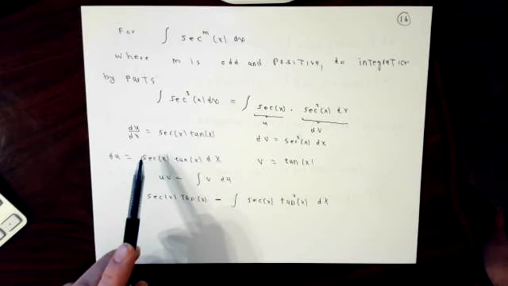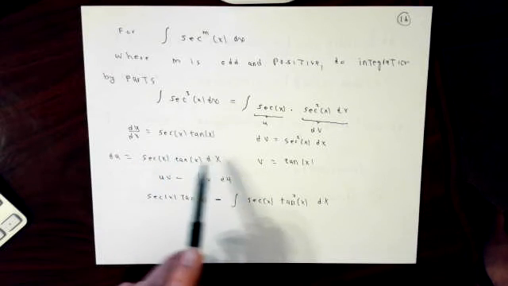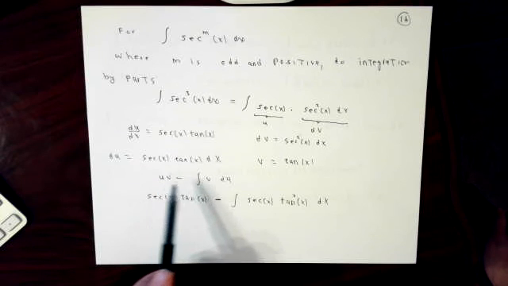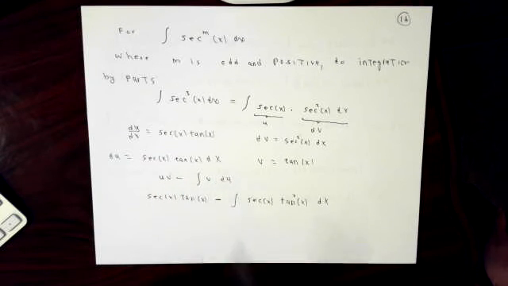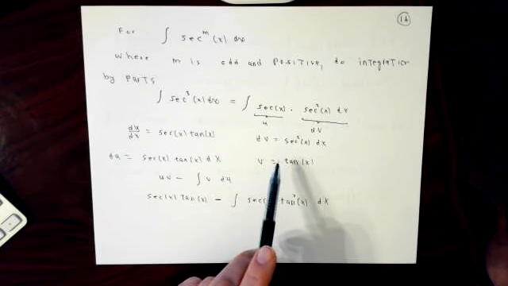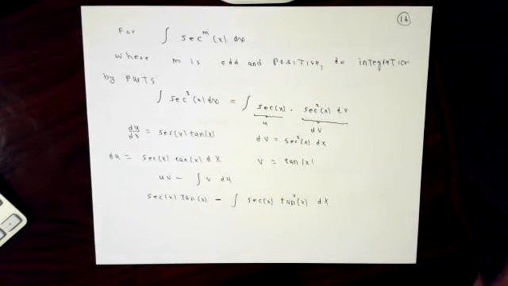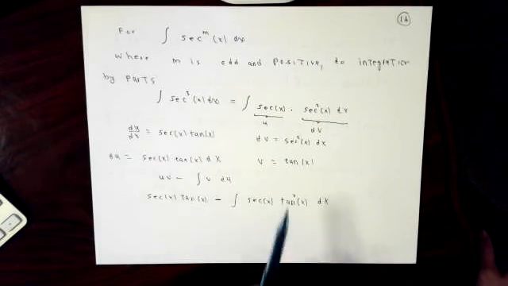du/dx is secant x tangent x, so du is going to be secant x tangent x dx. On the other hand, dv is secant squared of x dx. That means that v must be an antiderivative for secant squared x, which is tangent x.